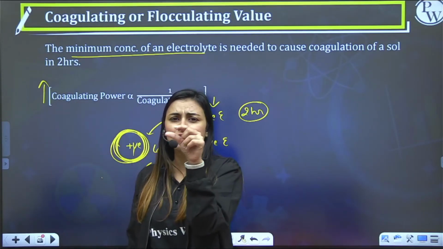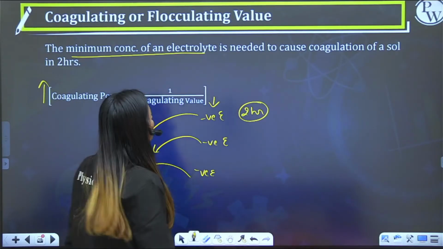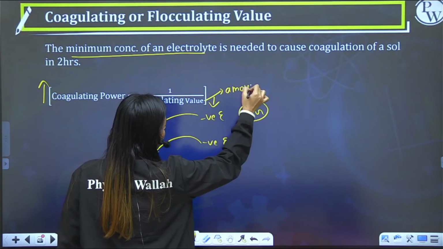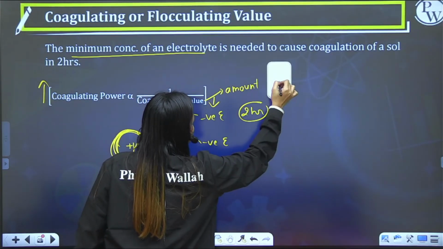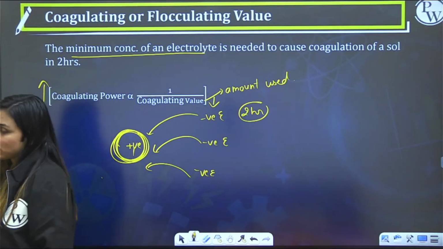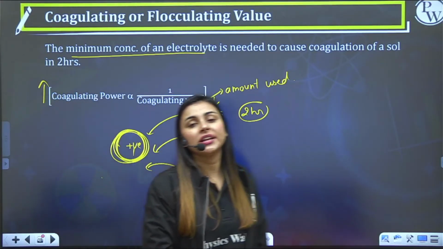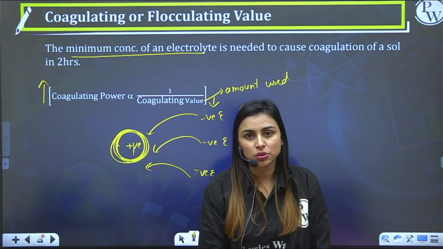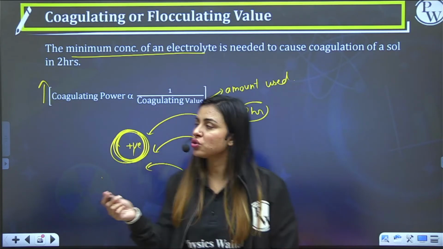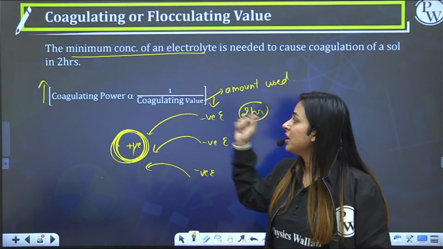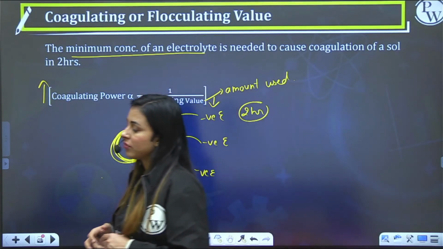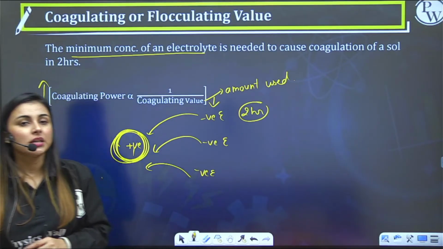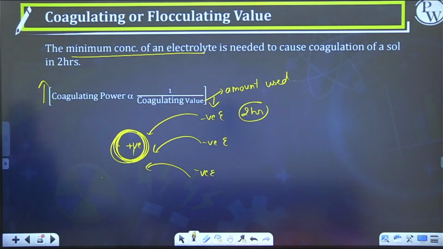The coagulating value actually tells you how much electrolyte is used for 2 hours of persistent coagulation of a particular colloidal solution. The lesser the amount used, the more the power. That is why we say coagulating power is inversely proportional to the coagulating value, and this coagulating value is actually the amount used. I hope you're clear with this. Please write it down and then we'll move forward.